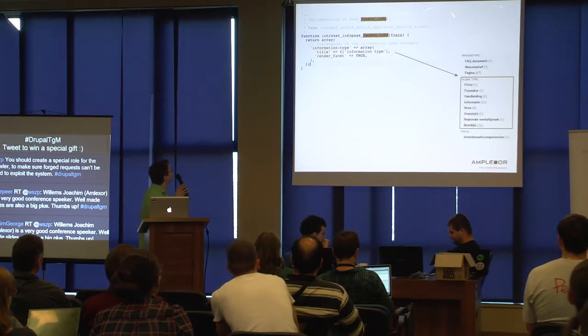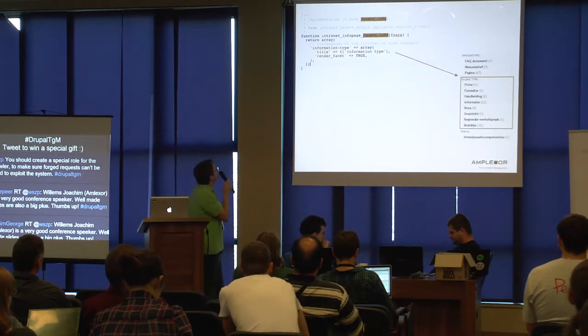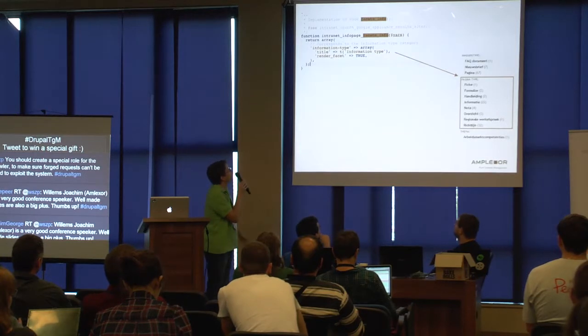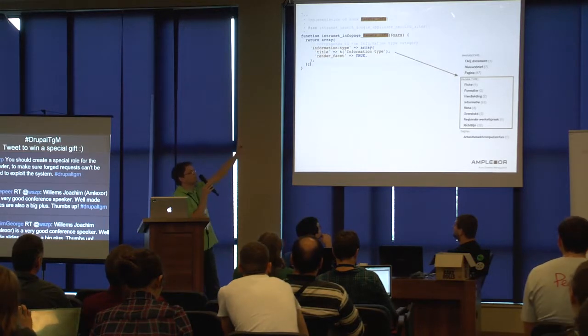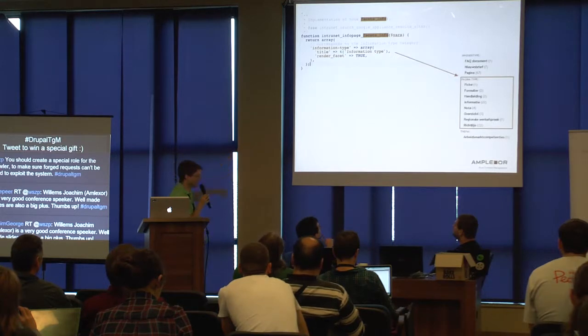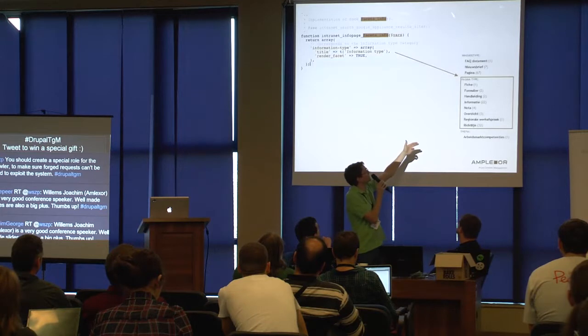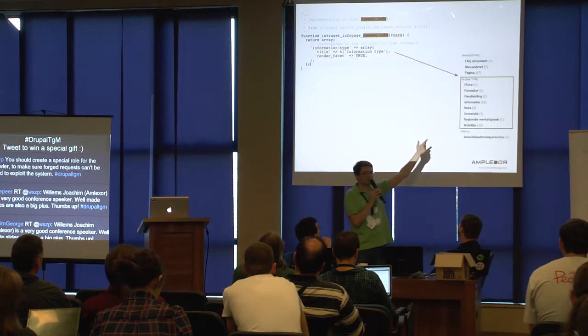In this case, the module intranet info page is implementing the hook, and it's telling that there should be able to filter on information type. Then you see here in the facets there are several types of pages, information types on which you can filter.